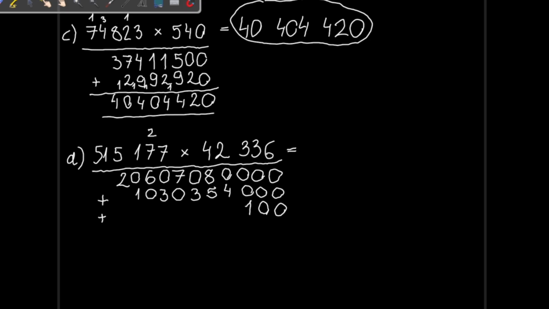And then we have 3 times 7 plus 2, which is 23. 3 times 1 is 3 plus 2 is 5. 3 times 5 is 15. 3 times 1 is 3 plus 1 is 4. 3 times 5 is 15.